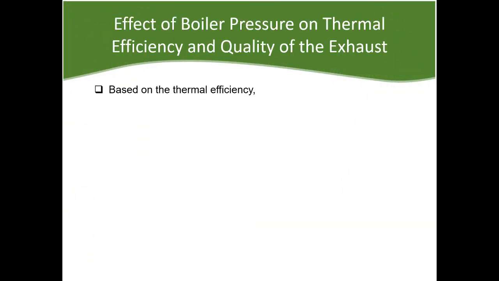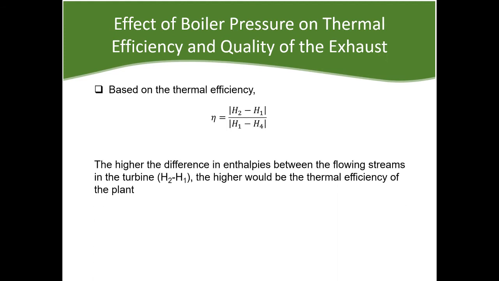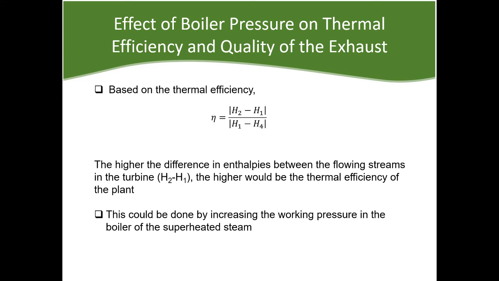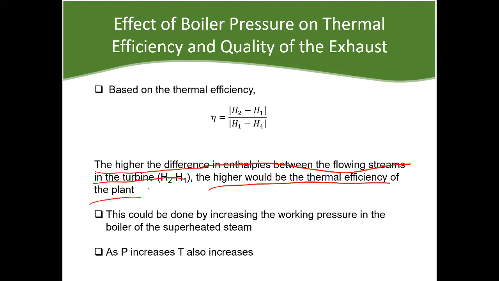Now, let's see the effect of boiler pressure on the thermal efficiency and quality of the exhaust. So, this time naman, let's try to vary the boiler pressure. The higher difference in enthalpies between flowing streams of the turbine, the higher would be the thermal efficiency of the plant.